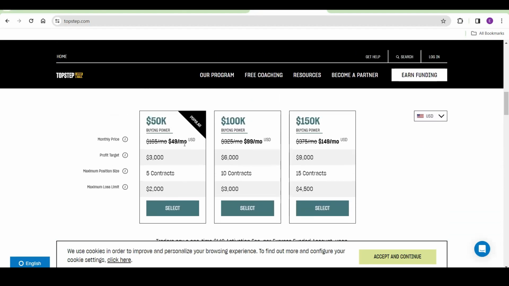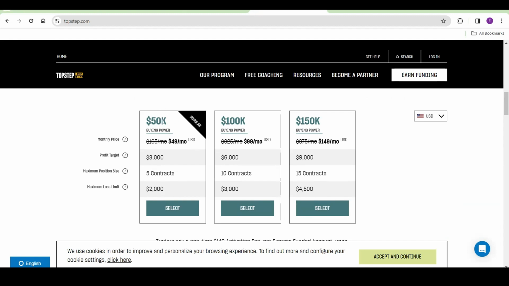This is $49 per month US dollars. Same thing, $3,000, but their trailing stop loss is 2,000. Basically, the good thing with Top Step is that their stop loss will fix, I think, at $51,000.